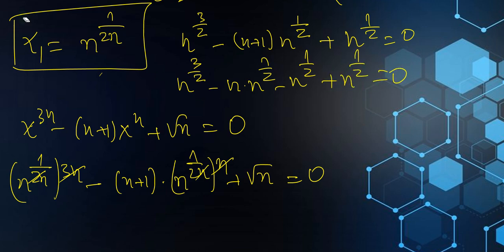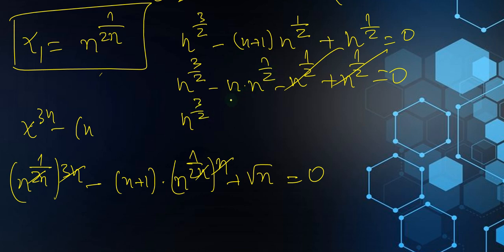So from here we can see that this one and this one is already 0, and let's say this is 3 over 2, right? This is then going to be minus n to the 1 plus 1 over 2, and then this has to be 0, right?